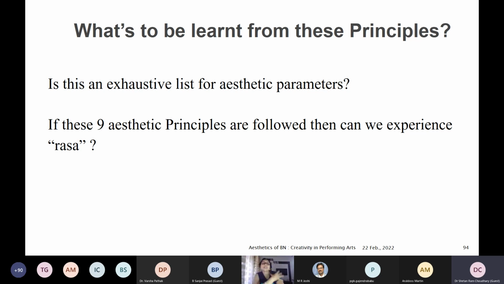Now, why are we searching? Why did we come to these nine parameters? Anyone remembers? Now I'm acting like a teacher. Why do you think we went for these nine parameters? What was the reason for searching? Innovative choreography? No, choreography was already done.